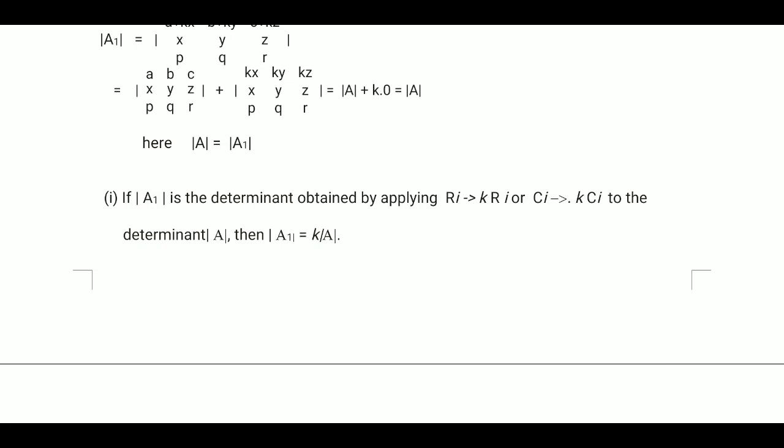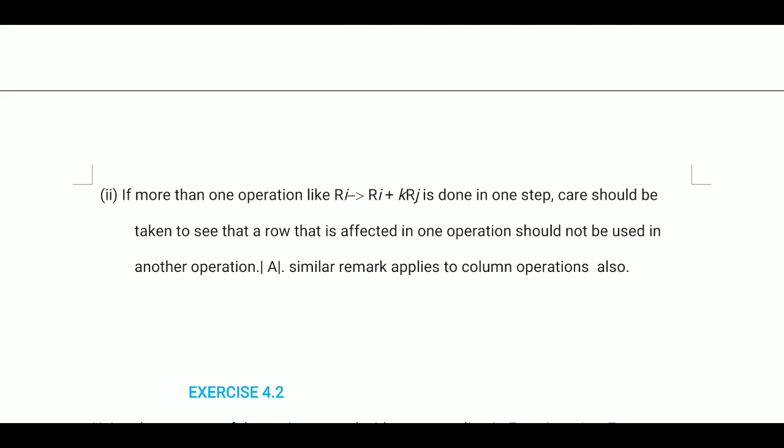If a single row is multiplied by a constant, each element of only one row multiplied by a constant, then the value becomes K times. Similarly, if the elements of any one column are multiplied by a constant, then the value of the determinant becomes K times.